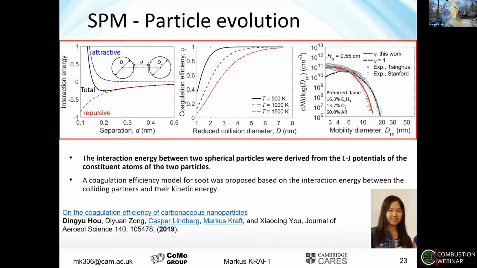She also developed a model to calculate the coagulation efficiency and derived a Lennard-Jones potential of the constituent atoms in the two particles. She used a simplified model for these atoms, but it was good enough to improve the coagulation efficiency and get a better prediction of the size distribution.